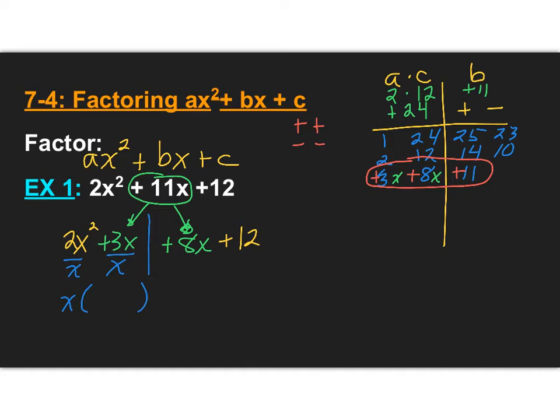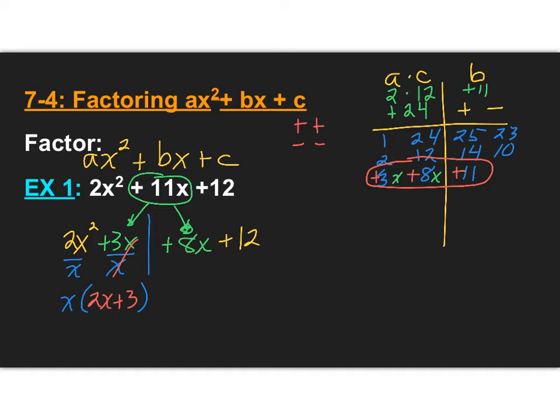So 2 divided by 1 is 2. And then x squared divided by x, we're going to take 2 x's and take away 1. That leaves us with 1x. So we get 2x. Then 3 essentially divided by 1 is 3. So we've got plus 3. And then these x's right here are going to cancel. So there are no x's.